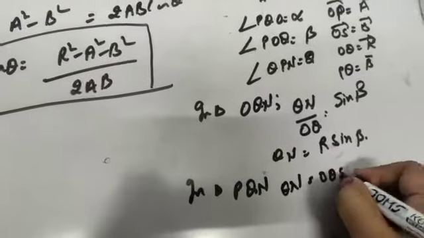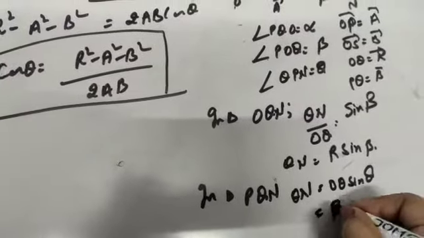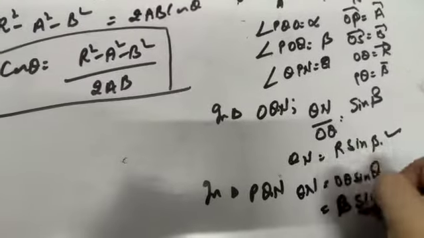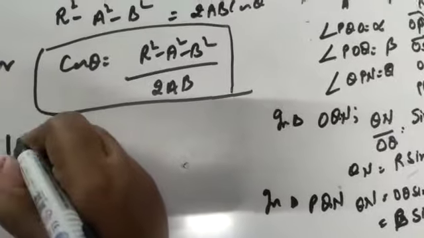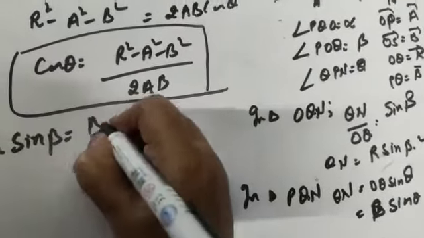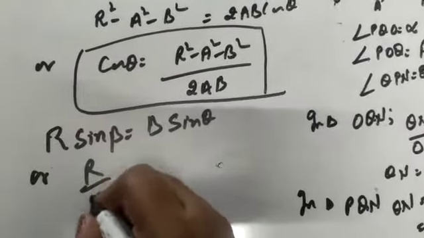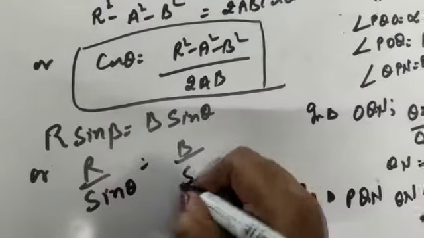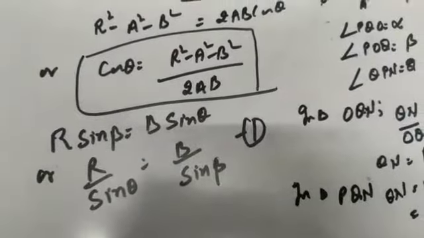PQ is B, so this is B sine theta, right? So from these two expressions for QN, R sine beta is equal to B sine theta, or I can write it as R by sine theta is equal to B by sine beta. Let me give it number 1, right?